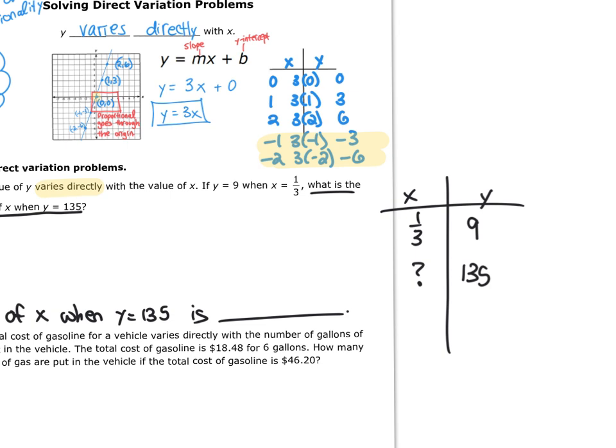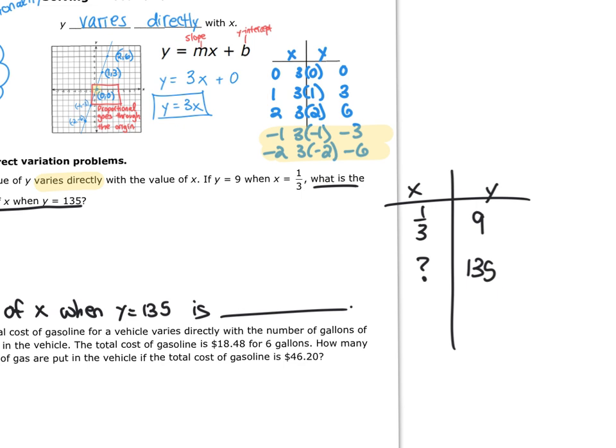There's really a couple of different ways that I could solve this. Since this is a proportional linear relationship, I could think about this as a ratio table if I wanted to. So I could say, what number do I multiply 9 by to get 135? Let's try that out. It looks like 9 times 15 is 135.